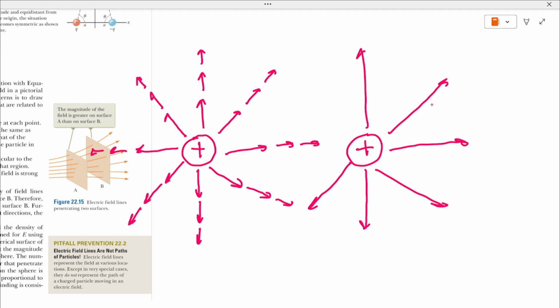We lost that information. Well, now the magnitude is viewed as the density of the field lines. So see down here, the field lines are closer together, and up here they're further apart, meaning the electric field is stronger down here and weaker up here.